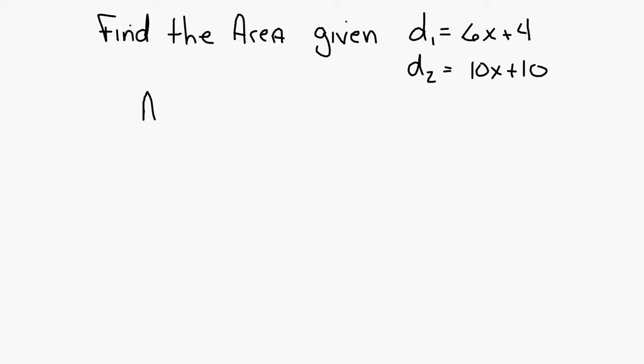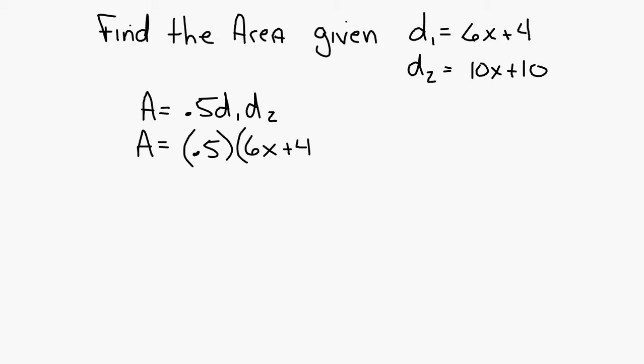So if area equals 0.5 times D1 times D2, then the area in this case is equal to 0.5 times diagonal 1, which is 6x plus 4, times diagonal 2, which is 10x plus 10.